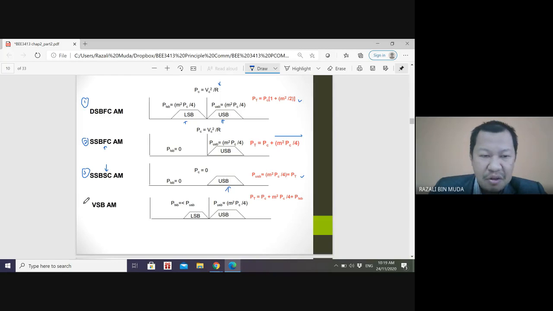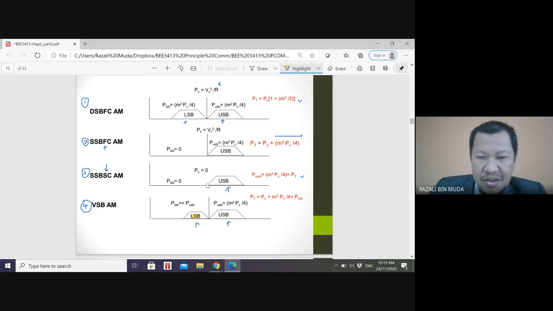Okay, number 4 is the vestigial. So what is the difference? Vestigial now has the full portion of the upper sideband, but only a small portion of the lower sideband. You can see here the lower sideband is small.